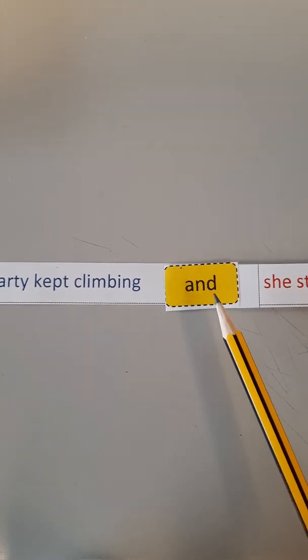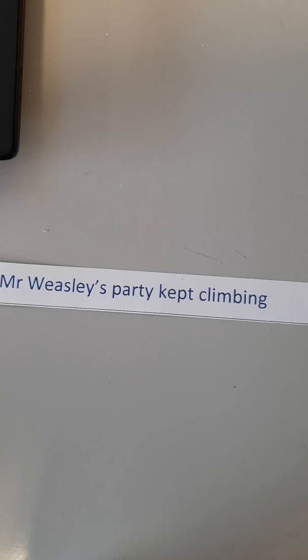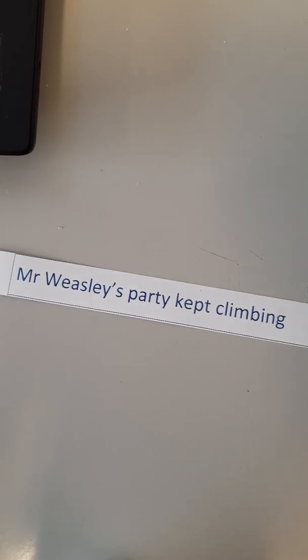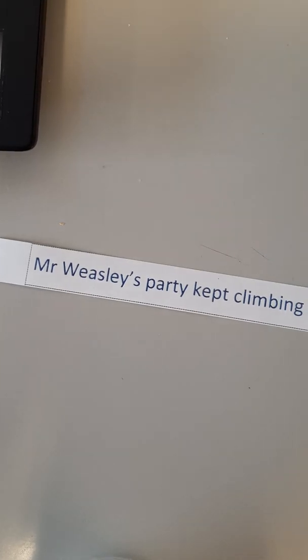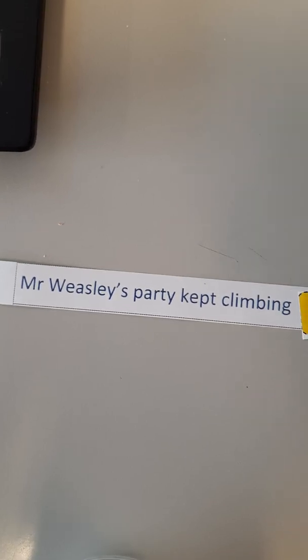We've got the joining word, and then we've got the next sentence that would go with it. So in our case, we chose, at last, they reached the top of the stairs. By putting that together, we then have a sentence that makes sense as a whole. So Mr. Weasley's party kept climbing and at last they reached the top of the stairs.